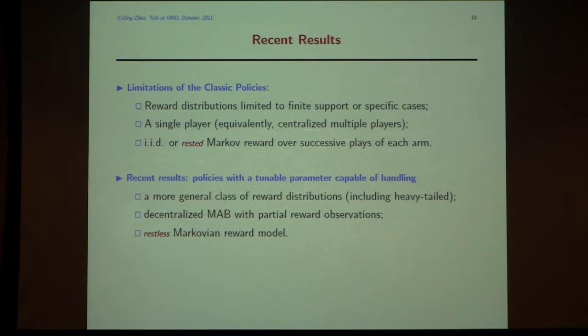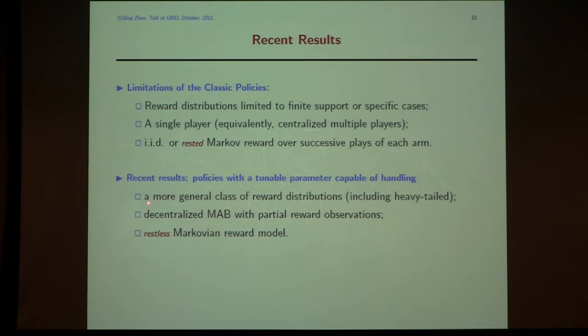So what we have been doing is we try to eliminate these limitations in the model of the problem. We hope to create results that can broaden the potential applications of the multi-armed bandit. So we are looking for policies with a more flexible structure, with a tunable parameter so that we can handle a more general model.